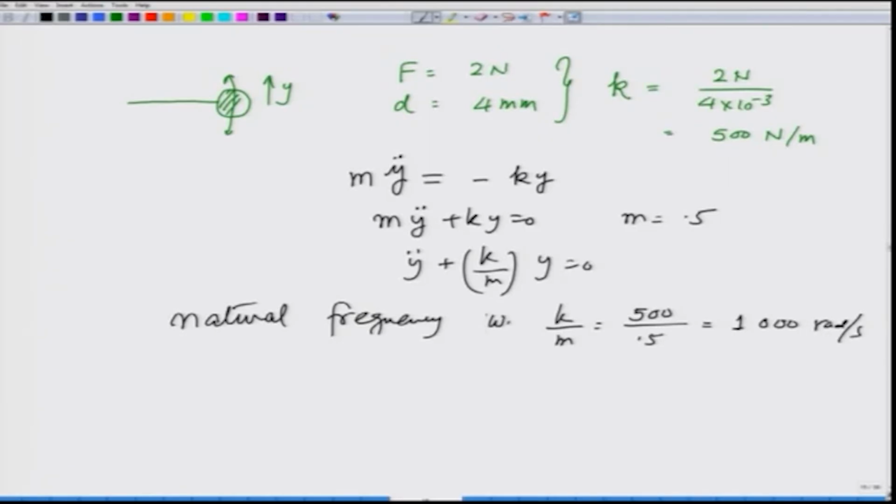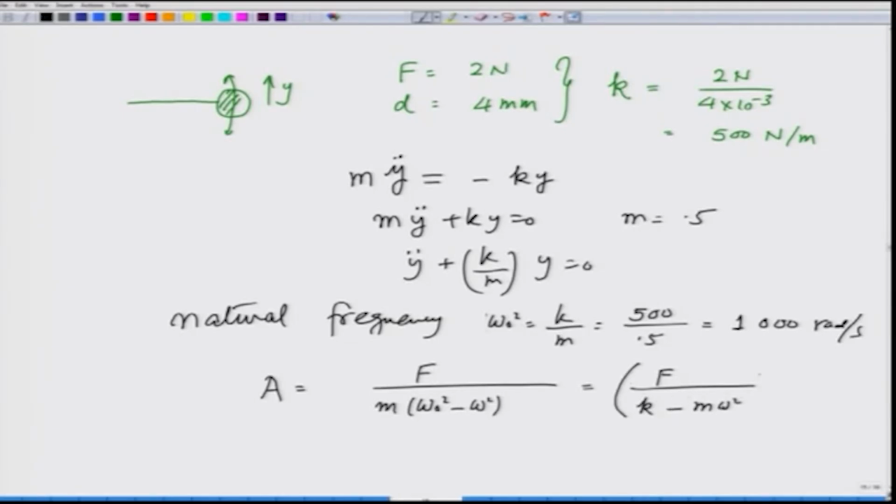Let me call it omega 0 square, and after all the transients have died down, the amplitude for very negligible damping is going to be f over m times omega 0 square minus omega square, which is nothing but f over k minus m omega square, since m omega 0 square is k. So, main thing now that remains to be done is find out f.